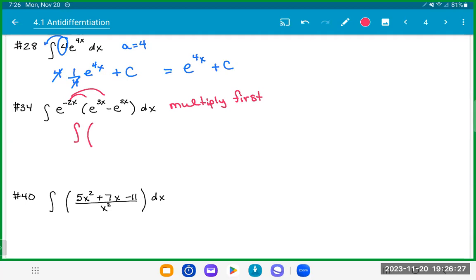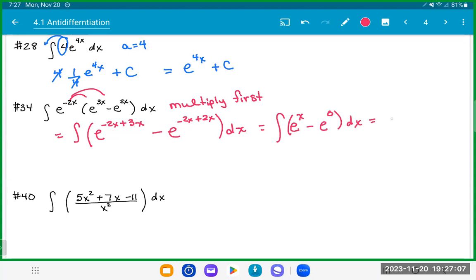If I do this, this becomes e^(-2x) times 3x, plus 3x, minus e^(-2x) plus 2x, dx. So when I simplify that, that gives me the integral of e to the x minus e to the 0 dx.